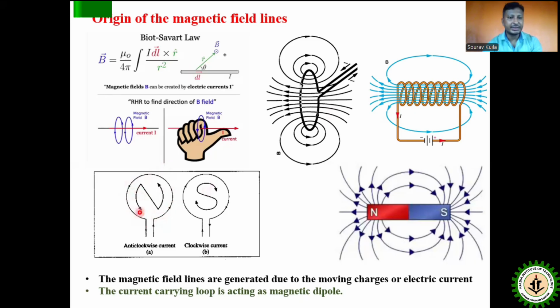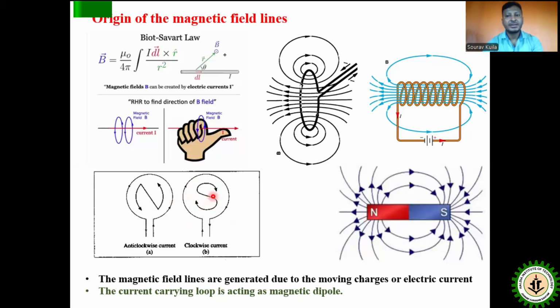You can see in this image that when the current flows anti-clockwise in a circular loop, that face is a north pole, and the opposite face of the current carrying loop, where the current flows clockwise, is called the south pole.